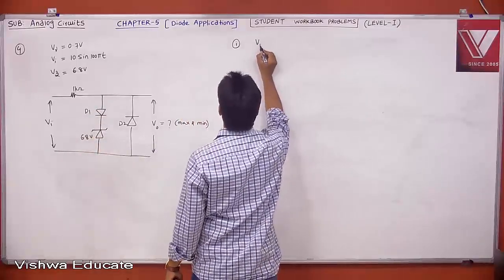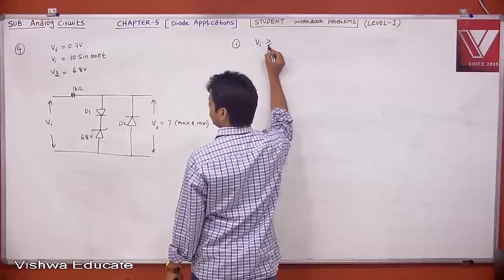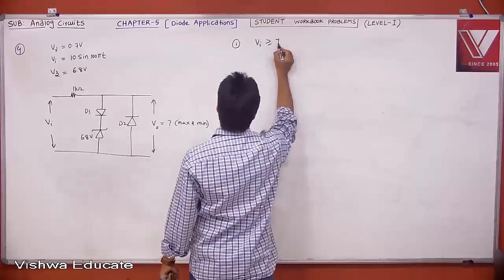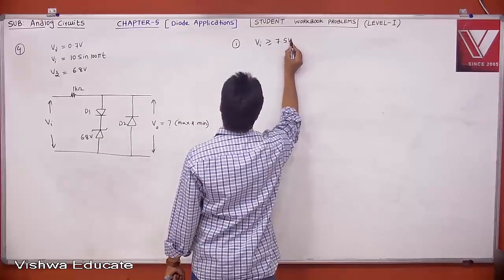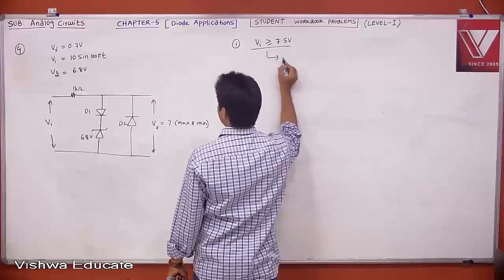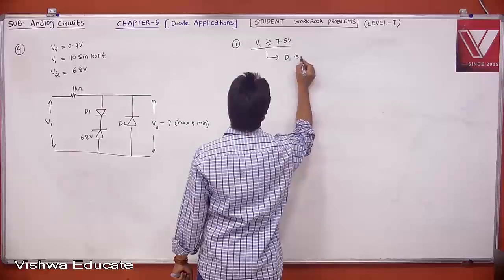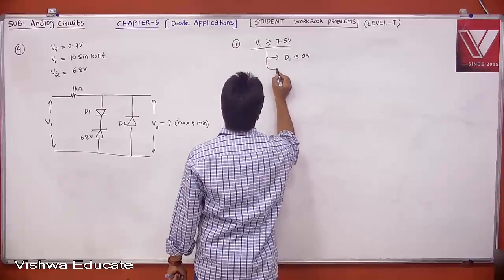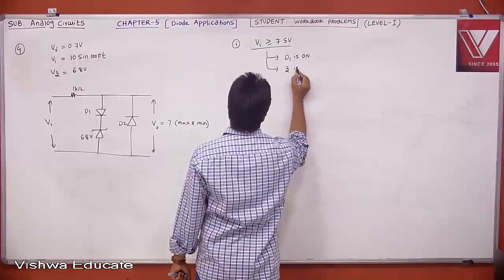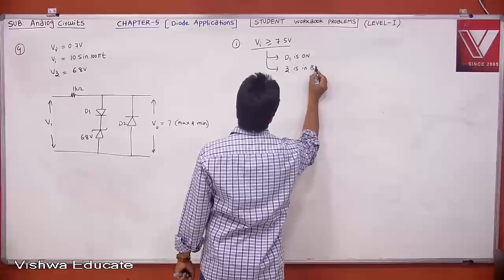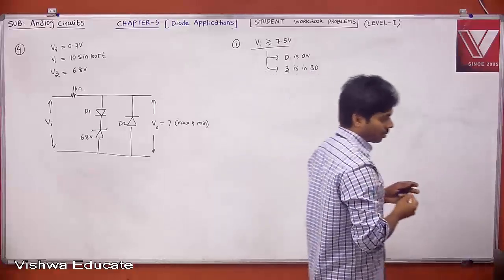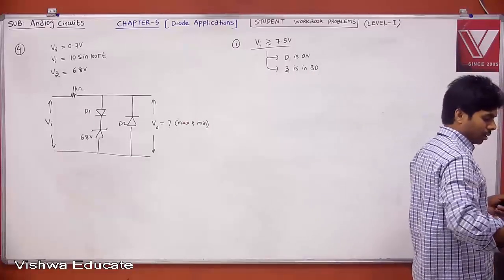Then let us say when VI is greater than or equal to 0.7 plus 6.8, 7.5 volt, then your diode D1 is on, and the Zener diode is in breakdown.